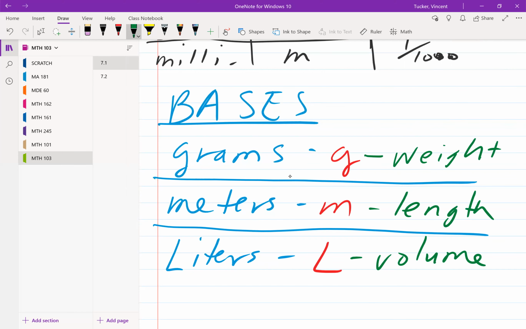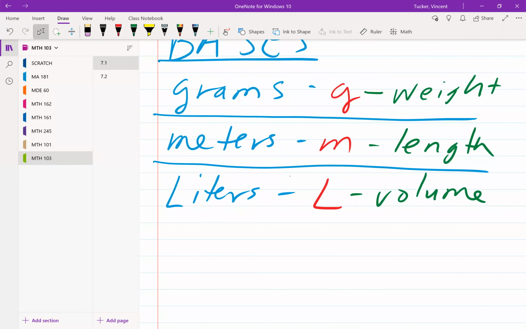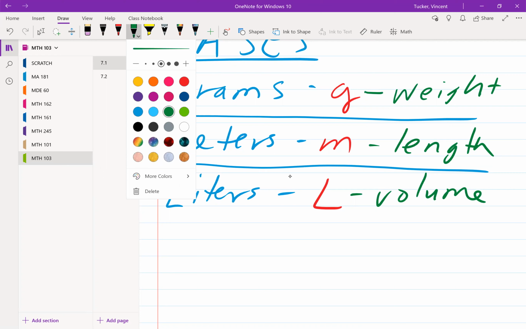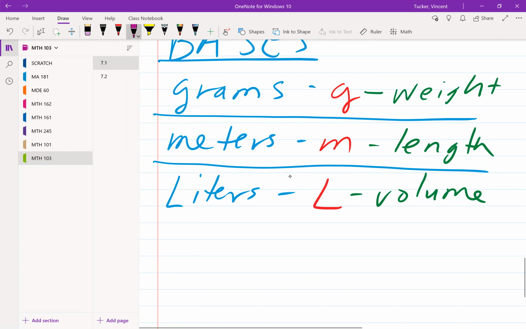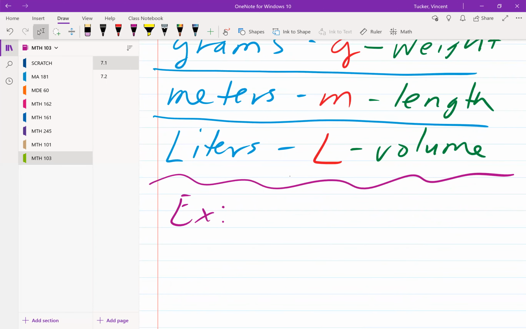So the way you would use these prefixes with these bases is that you can use any one of those bases, according to whatever you're trying to measure, whether it be a weight, length, or volume. And you will put one of the prefixes in front of it, depending on the measurement that you have.